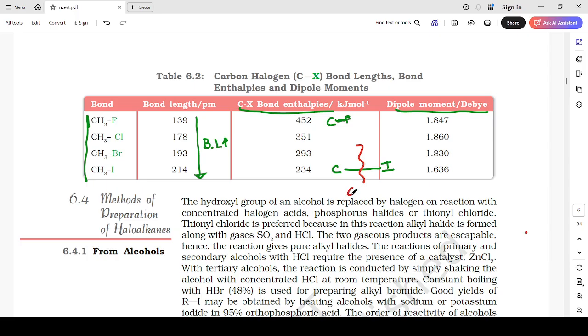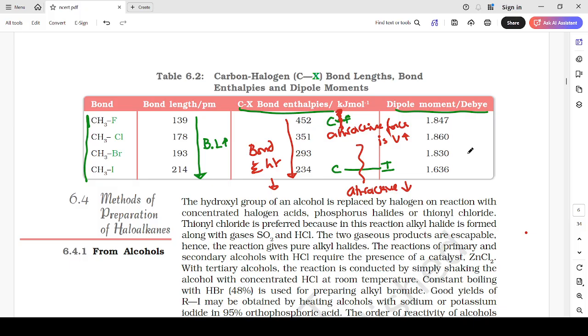Anyhow, their attractive force is less only. Here the attractive force is very high. So here I have to supply massive energy to break the bond. Look at this down the group: the bond enthalpy value decreased.